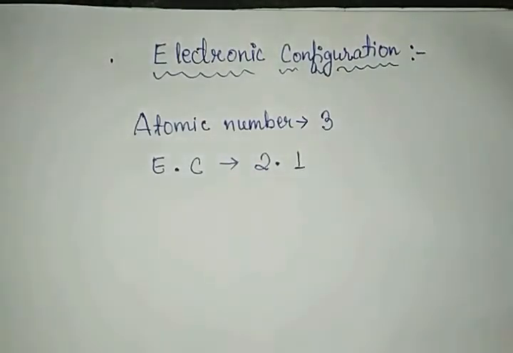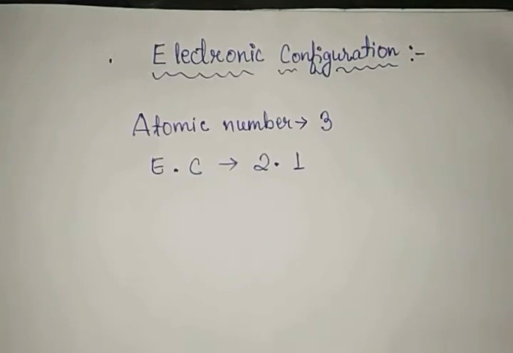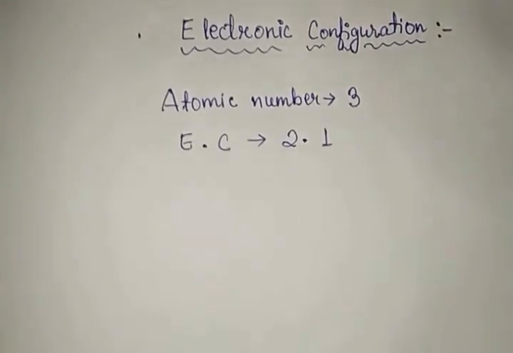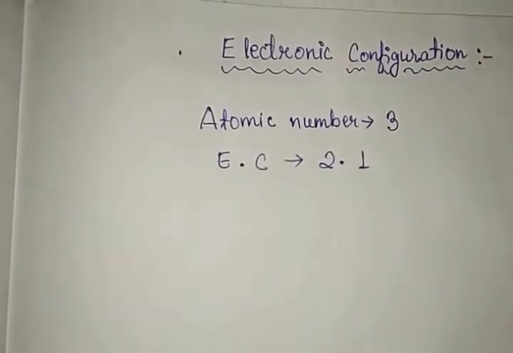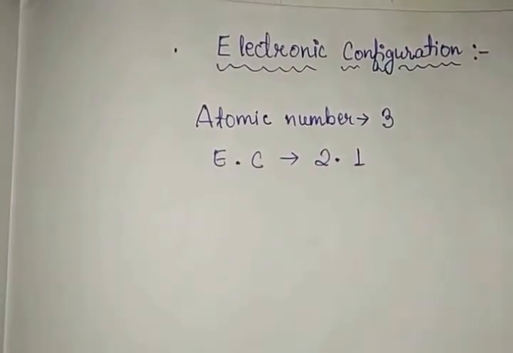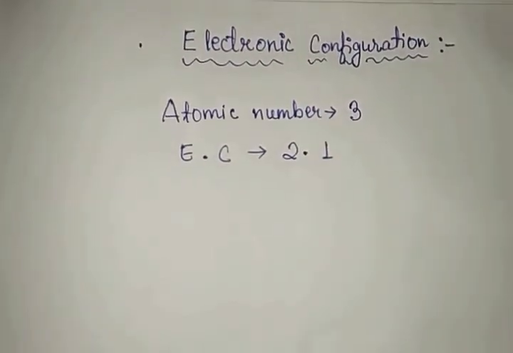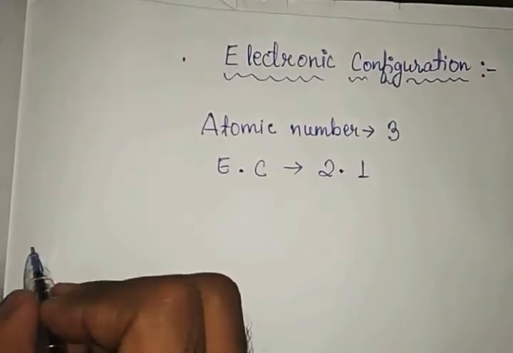But from now, you will have to tell about the subshells, and in some cases the suborbitals, in which these electrons are residing. Let's see one by one. This electronic configuration is mainly written on the basis of the Aufbau principle.